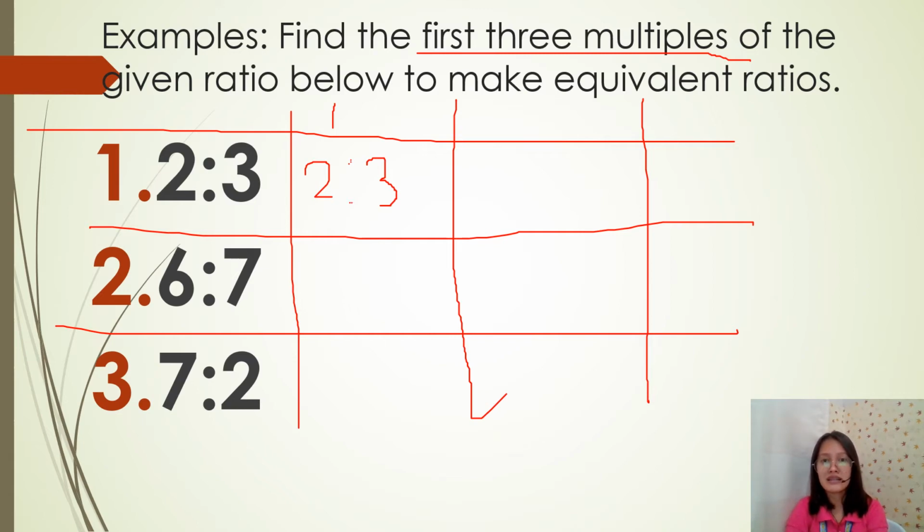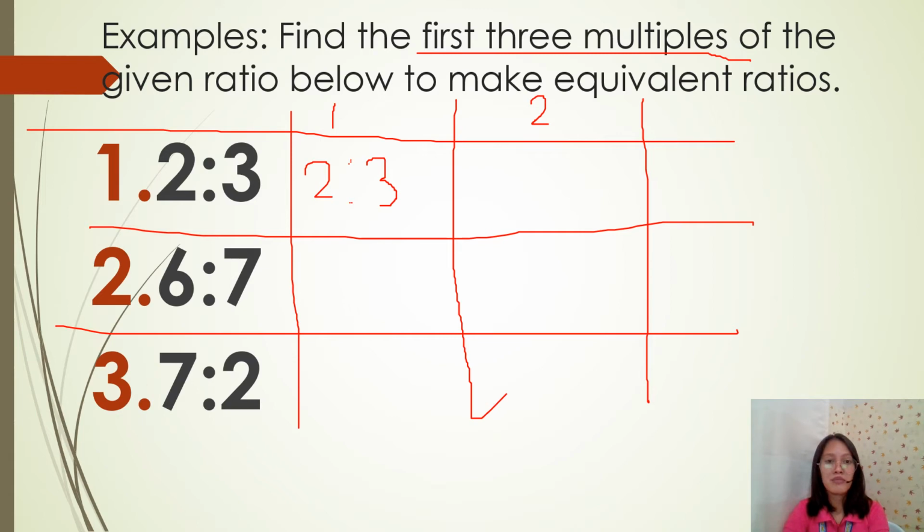Equal naman talaga sila. What if we multiply both numbers by 2? Since dun sa general definition natin, ang nakalagay lang naman ay one counting number, so any counting number, pwede nating i-multiply sa ating given ratio para makuha natin yung kanyang equivalent ratio. So gawin natin si 2.